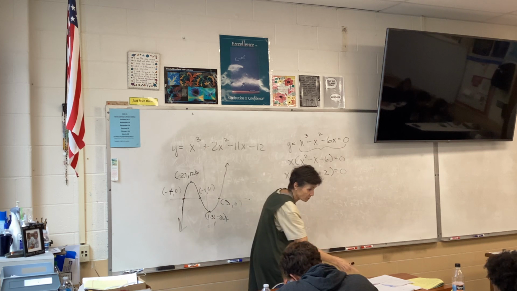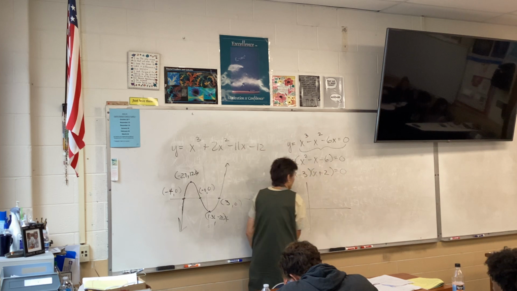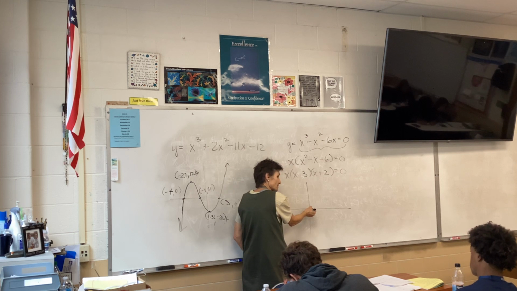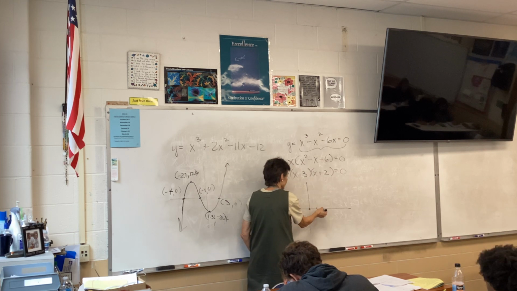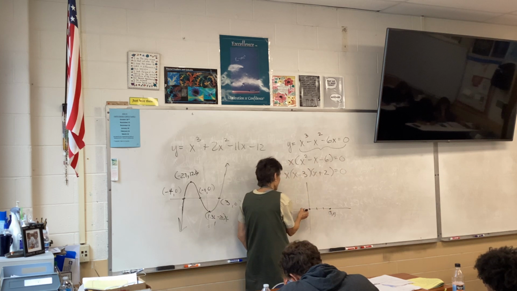So the next question, number 4, says sketch it. So let's just go ahead and sketch it. We know it has zeros or x-intercepts at 0, at 3, and at -2. Would you agree with that?